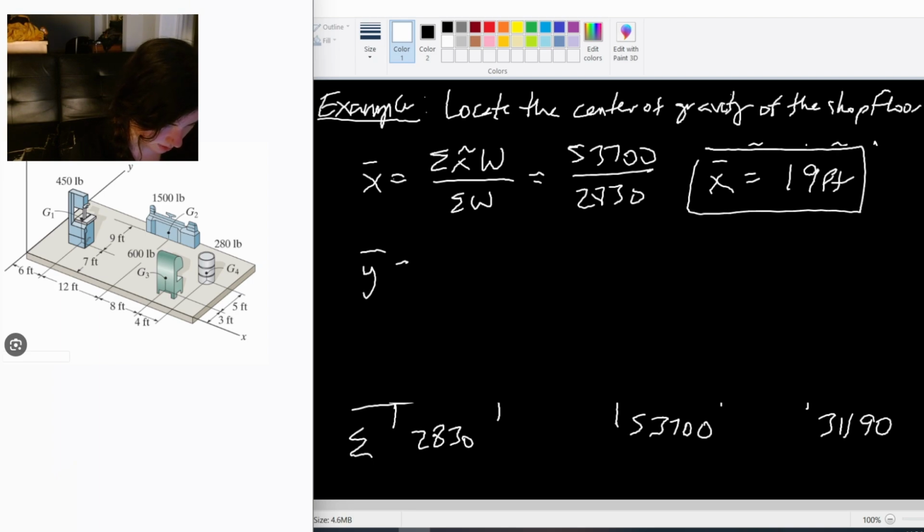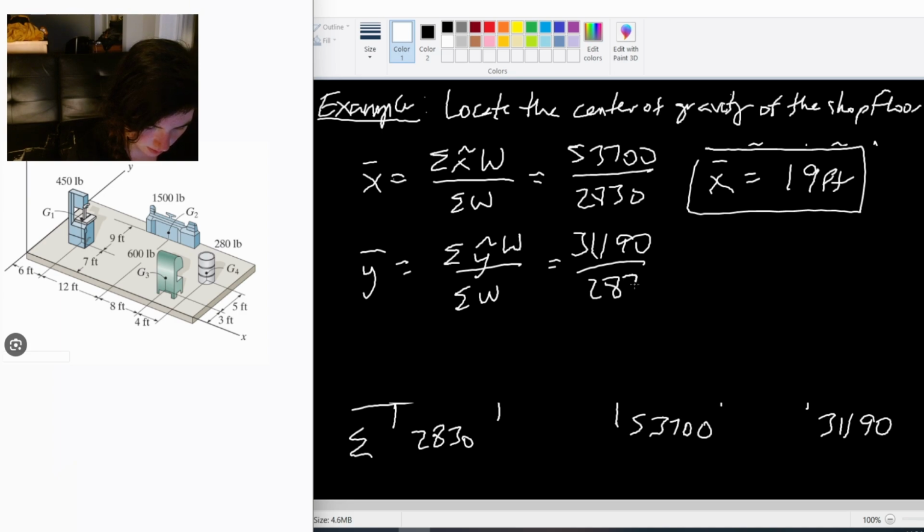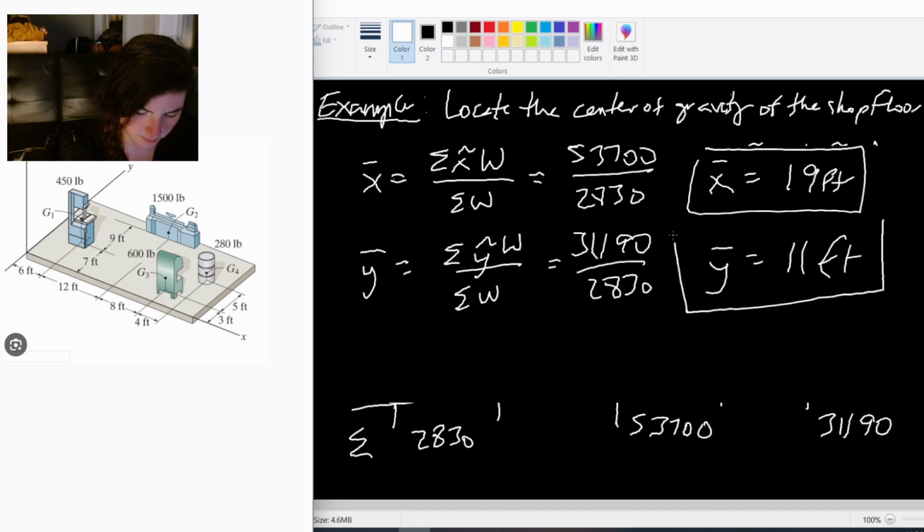Probably a little bit of rounding there, but right about 19 feet. My Y bar, that was my 31,190 over the 2830. My Y bar is right around 11 feet. Plugging and chugging right into our calculator.